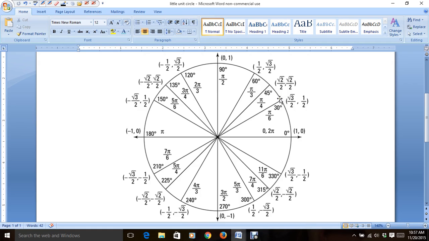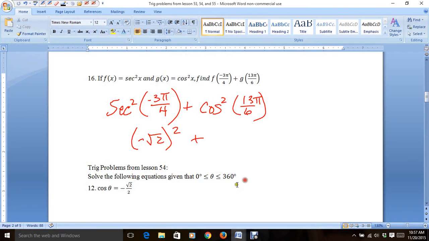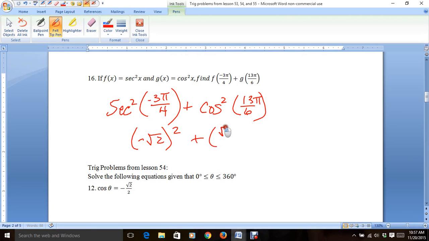So you're looking for the cosine, which is x. So it's square root of 3 over 2, squared. So that 13 pi over 6, if you think about reducing the fraction, it's 2 and 1/6.